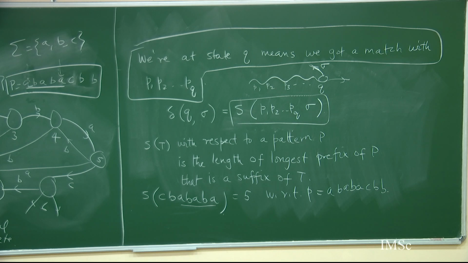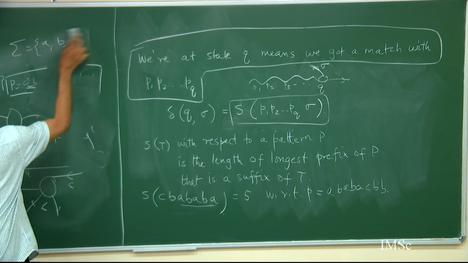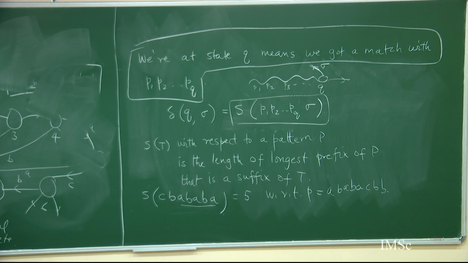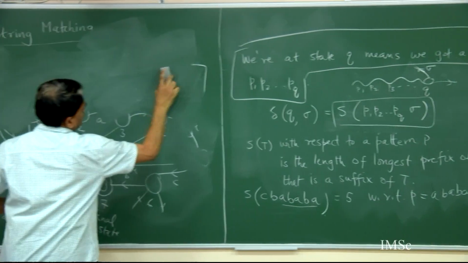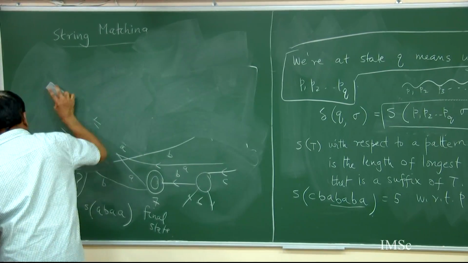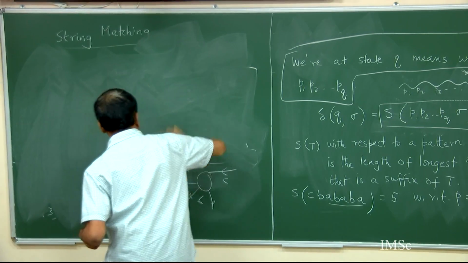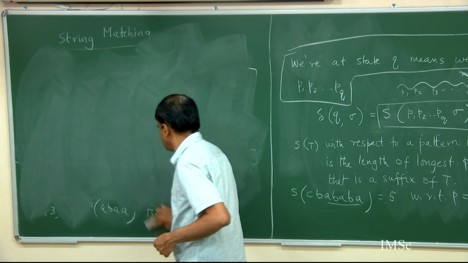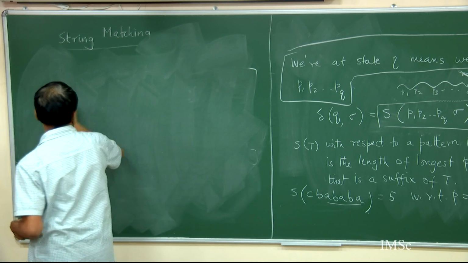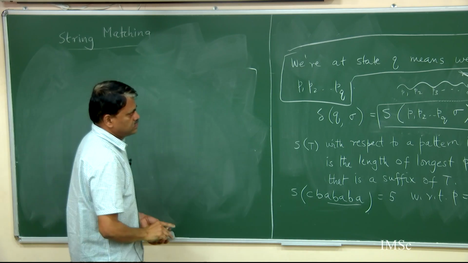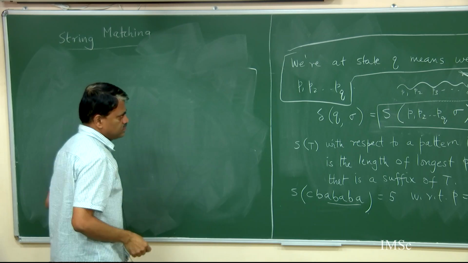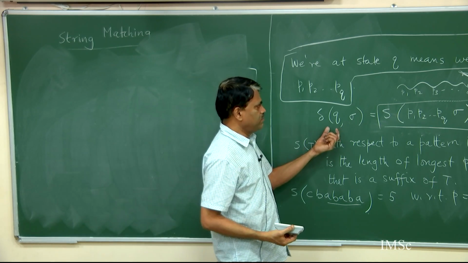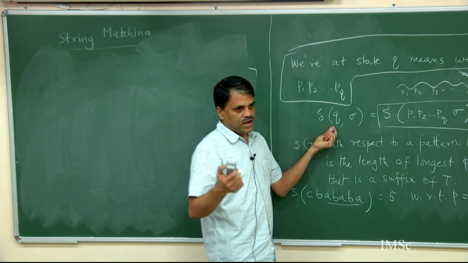Good. So what is a naive way to compute this? How many states are there?